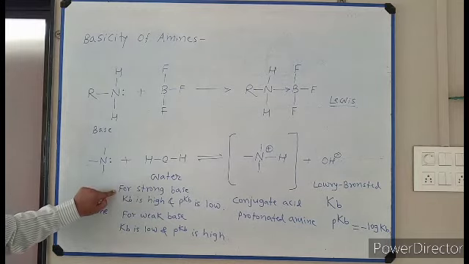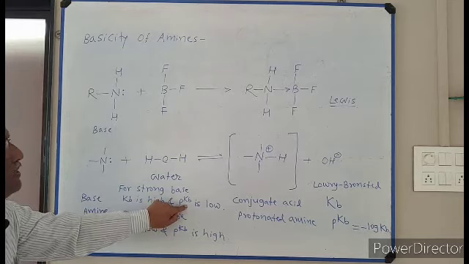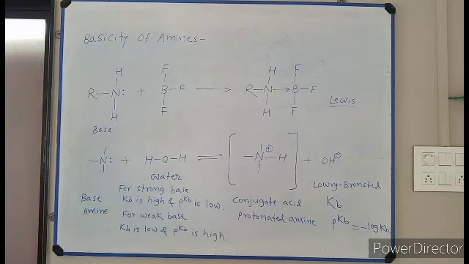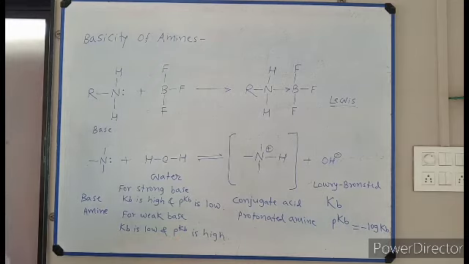For a strong base, the value of Kb is high and the value of pKb is low. For a weak base, the value of Kb is low and the value of pKb is high.